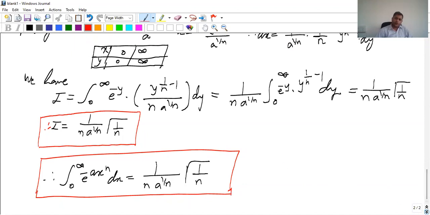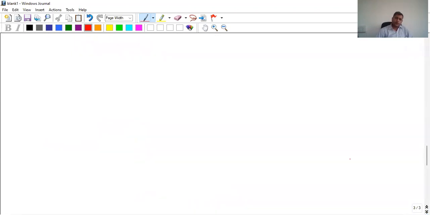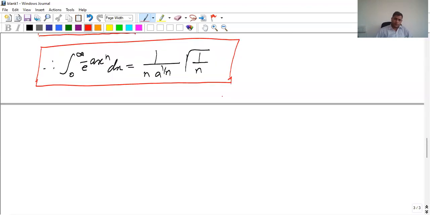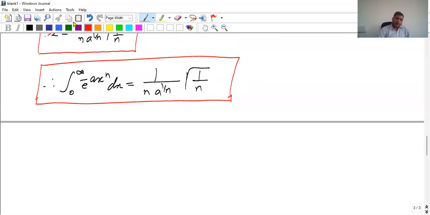What we can do is add one more term. Let I be equal to the integral from 0 to infinity of e raised to minus a x raised to n, into x raised to m dx.